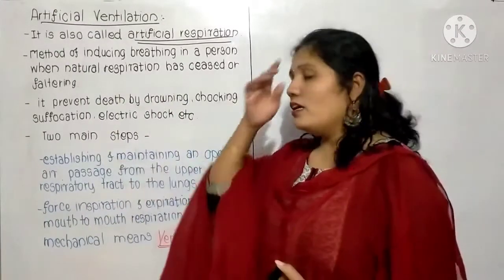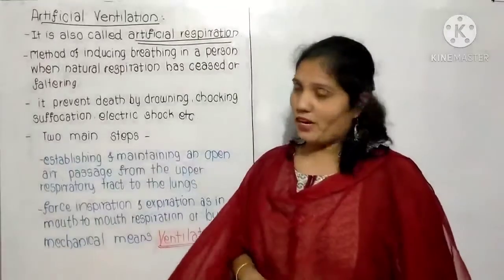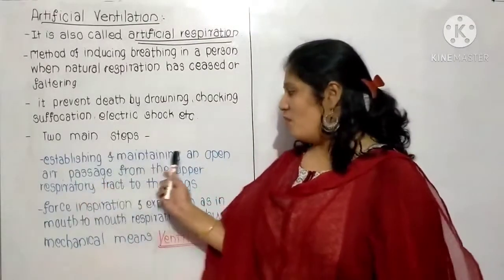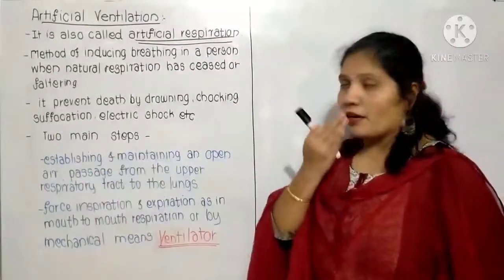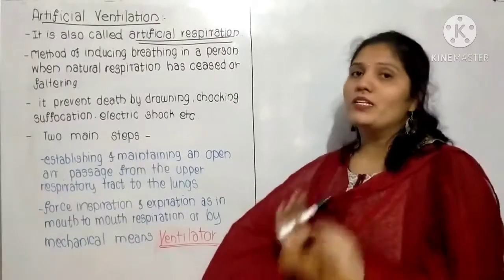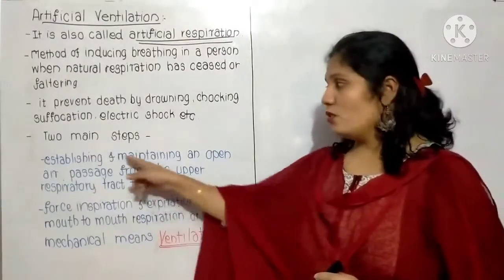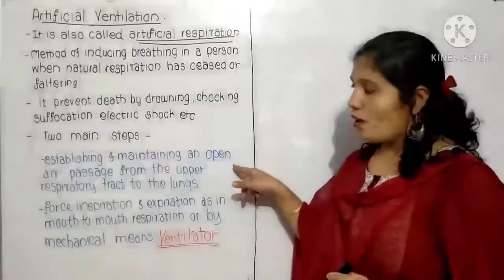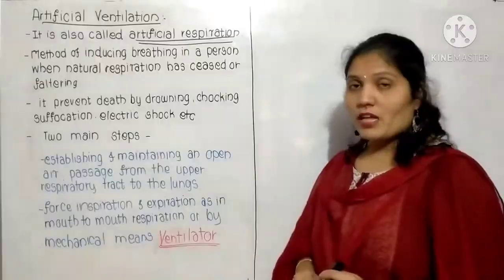There are two main steps for using artificial ventilation. First, establishing and maintaining an open air passage from the upper respiratory tract. There should be an open space so that the air can enter, so an open air passage from the upper respiratory tract to the lungs.